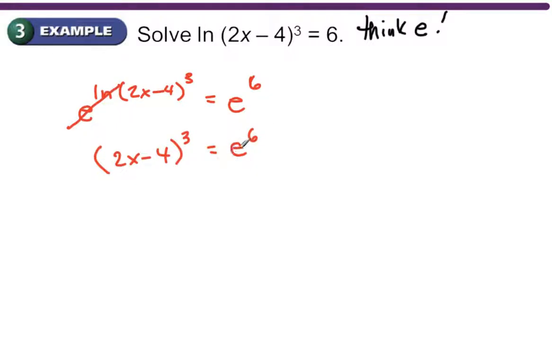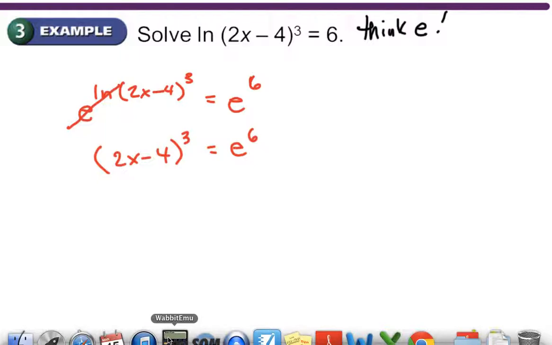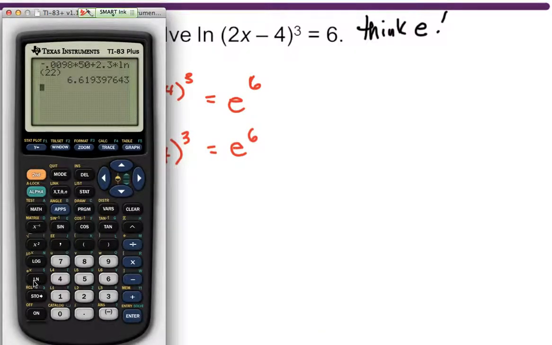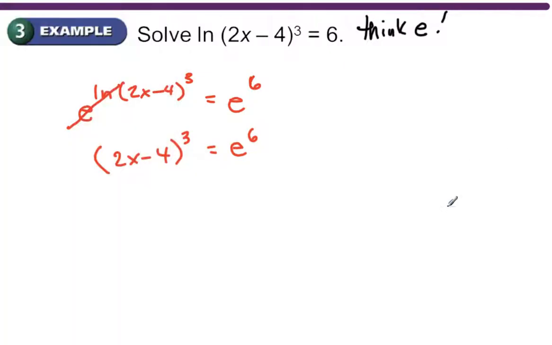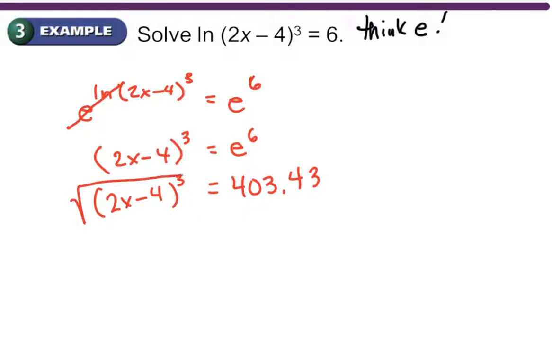But we just have to put that e to the 6 in the calculator, and that's where I would start anyway. Second function, e to the x, e raised to the 6th power, close, and that gives us 403.43. And now we have this (2x minus 4) cubed. We're going to take the cube root of both sides.